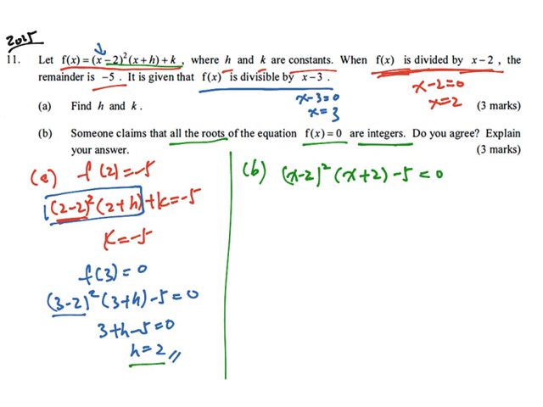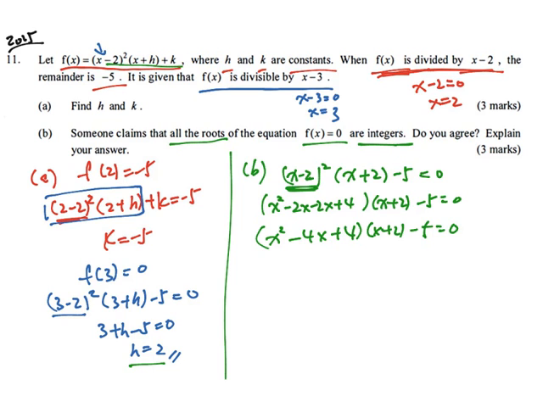So we expand it. (x minus 2) times (x minus 2), then we simplify: x squared minus 4x plus 4, and then times (x plus 2), minus 5 equals 0.